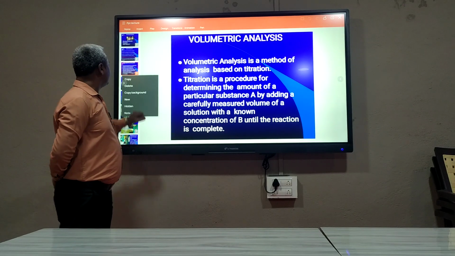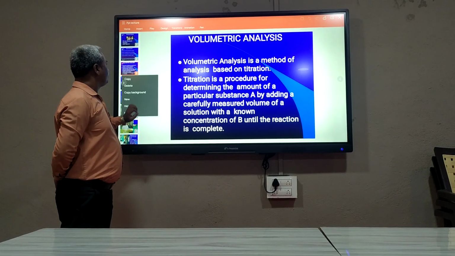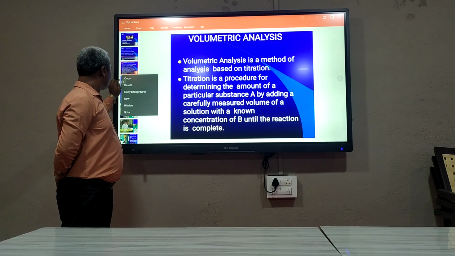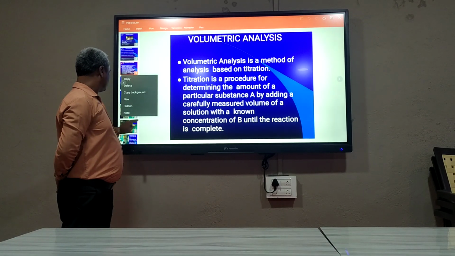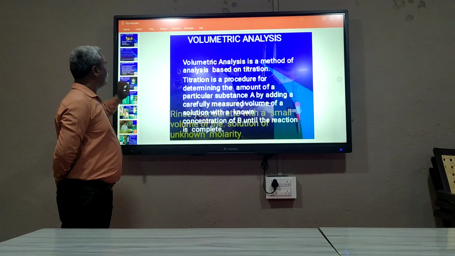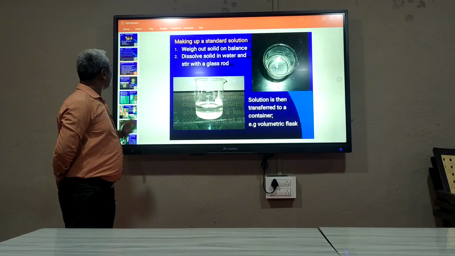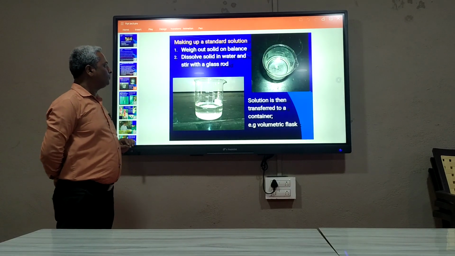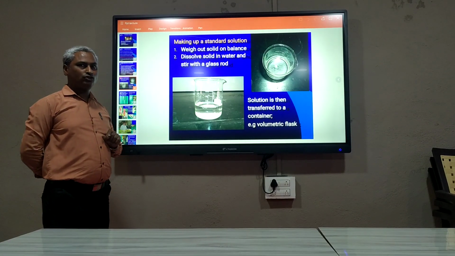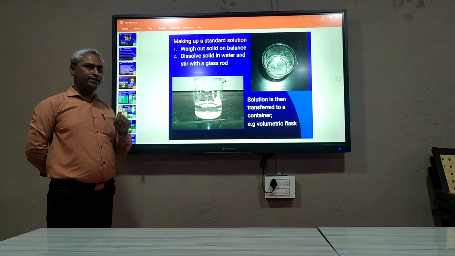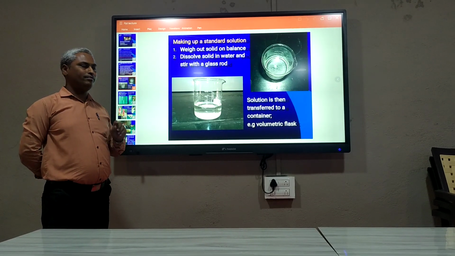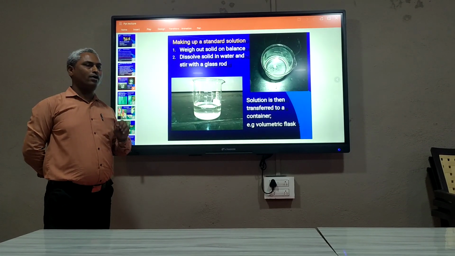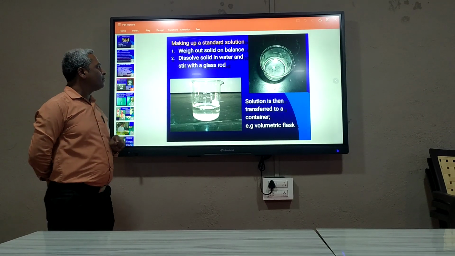In volumetric analysis we have to make the standard solution of a substance, which may be a primary standard or secondary standard.